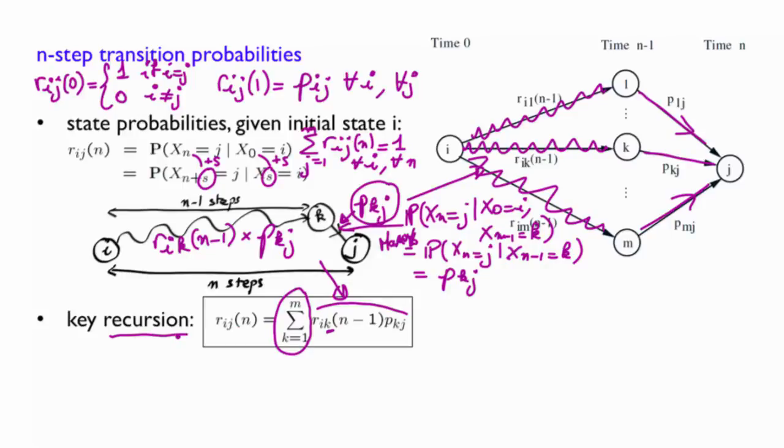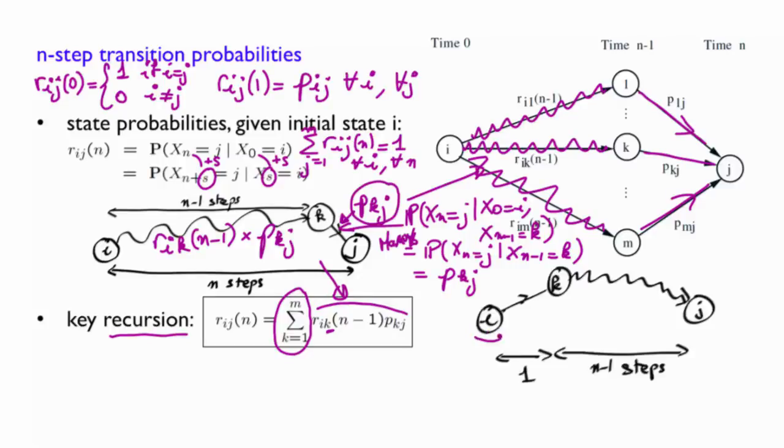Here is a variation, that is another recursion, for computing r_ij(n). You start at i, and suppose that in one time step you find yourself in state k. The probability here is the one-step transition p_ik. And then, given that you are in state k, what is the probability that you will end up in state j in n minus 1 steps? It will be r_kj(n-1).